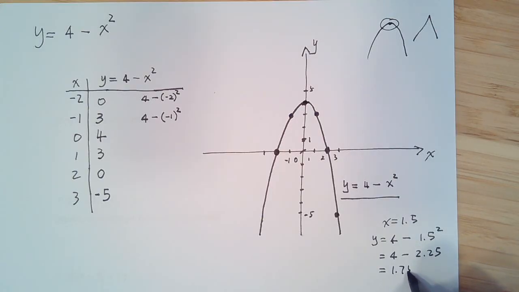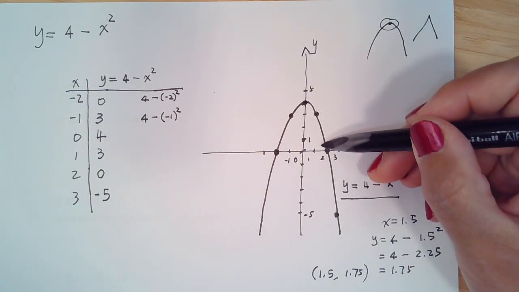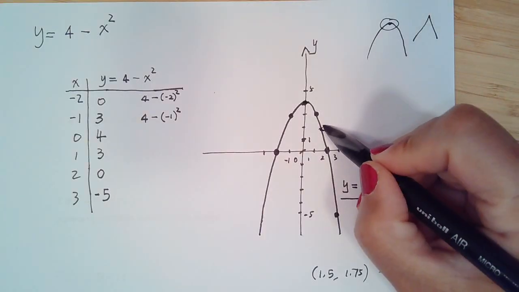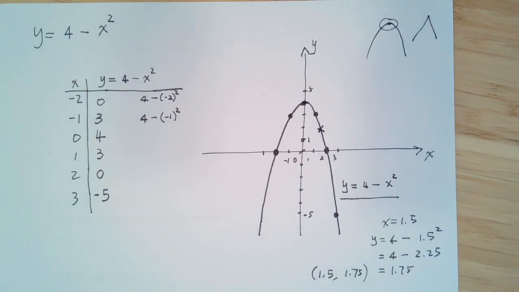So do you have the point 1.5, 1.75? See, it's right here. So any point on this graph would satisfy this equation. That's how you graph it. Now you get the idea how to graph an equation, right?